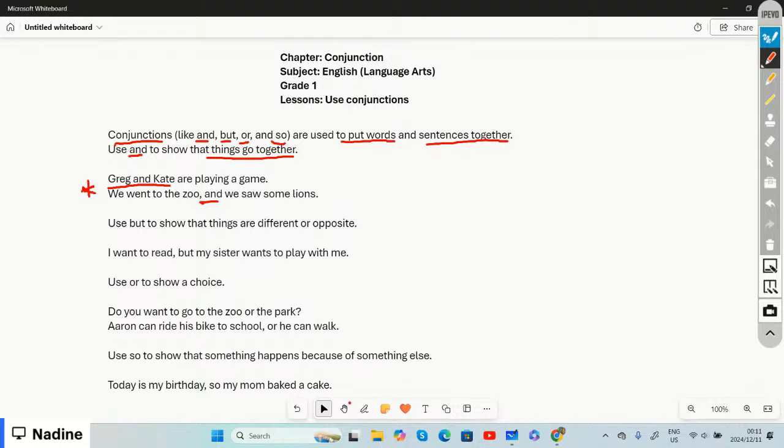We went to the zoo. That's the first one. We saw some lions. We use the word and to join those two sentences. That basically shows that those go together.